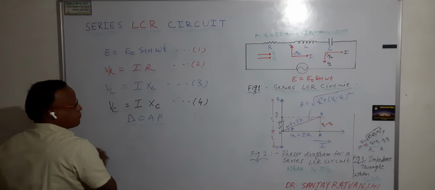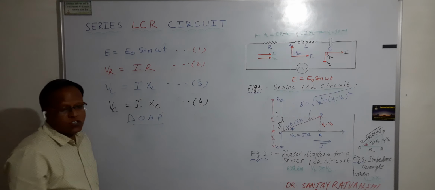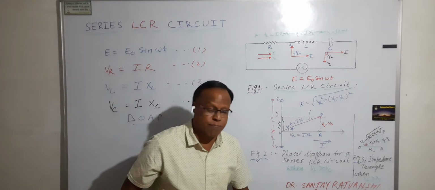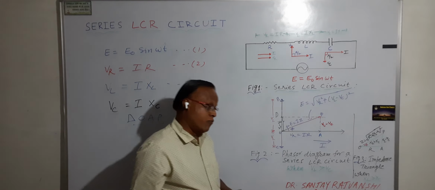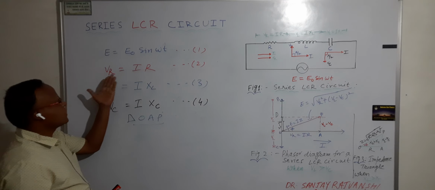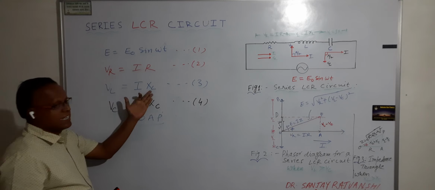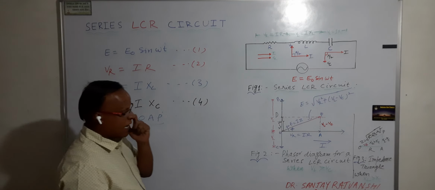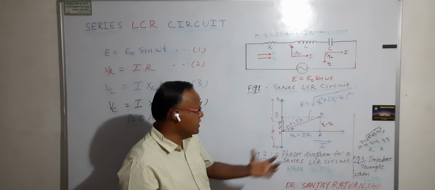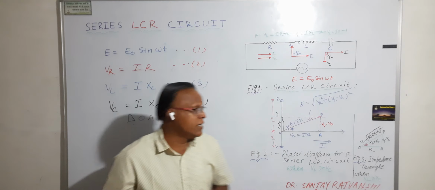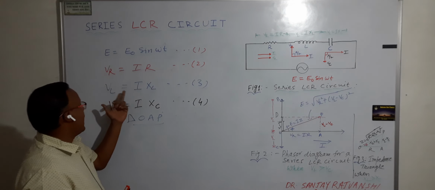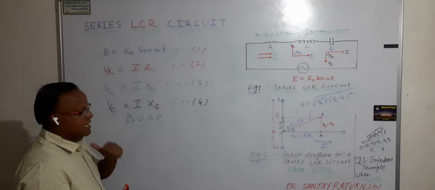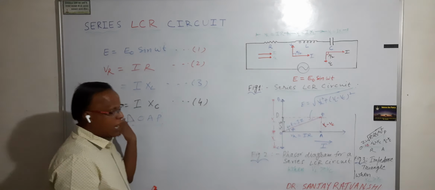Now, I will explain the impedance triangle. What is the impedance triangle? We know that VR is equal to IR, VL is IXL, and VC is IXC. So in place of VL minus VC, we can write (IXL minus IXC) whole square, with I outside.